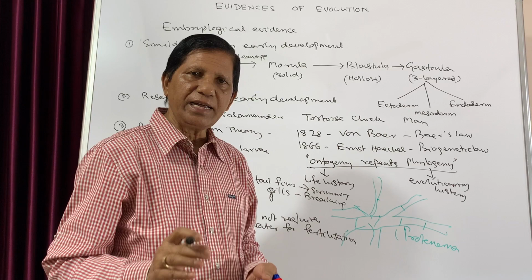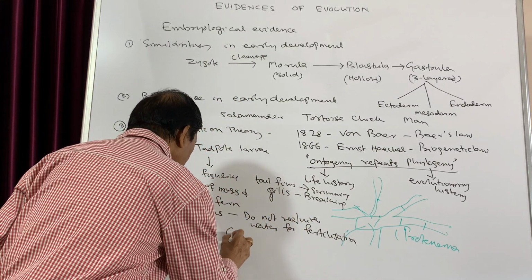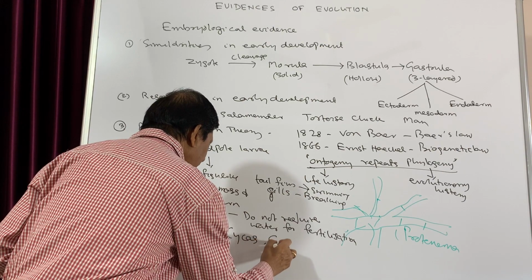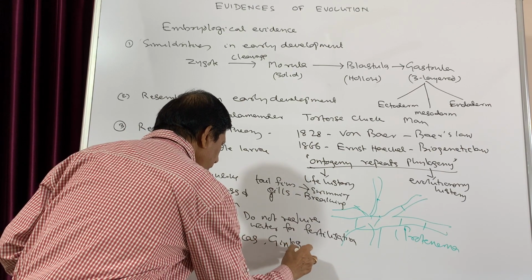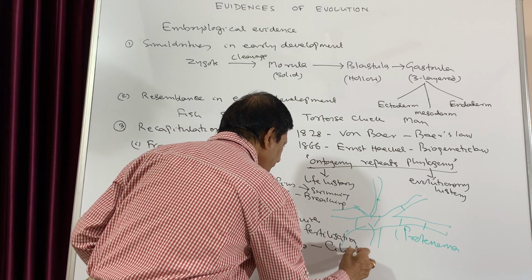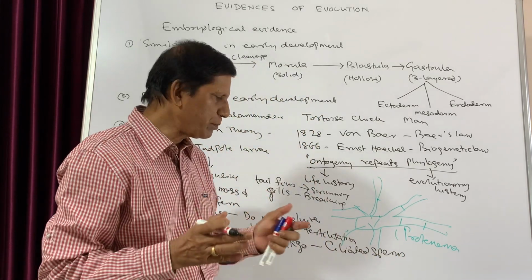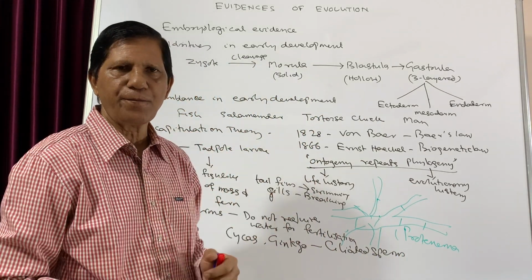But in the case of primitive gymnosperms like cycas and ginkgo, they have ciliated sperms, or you can say their sperms are flagellated.